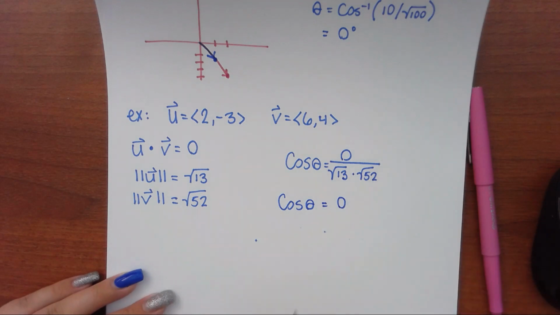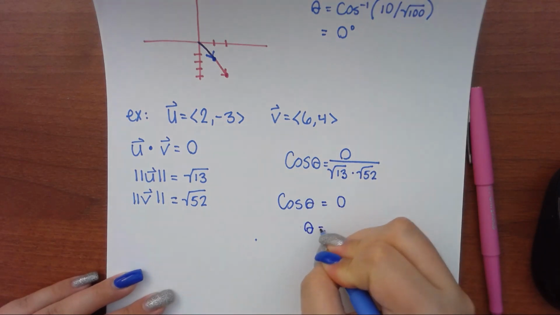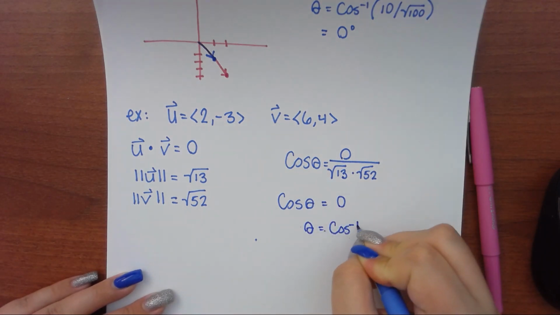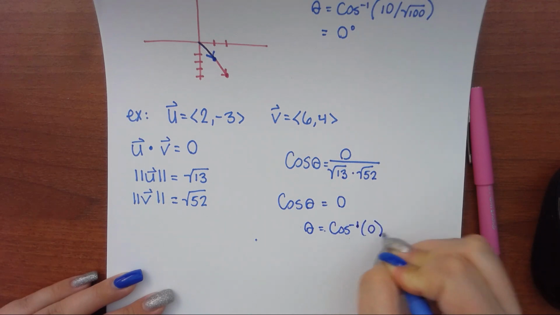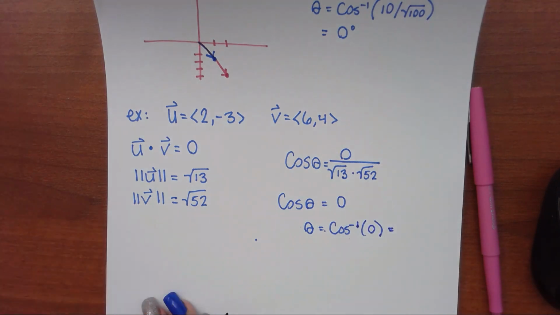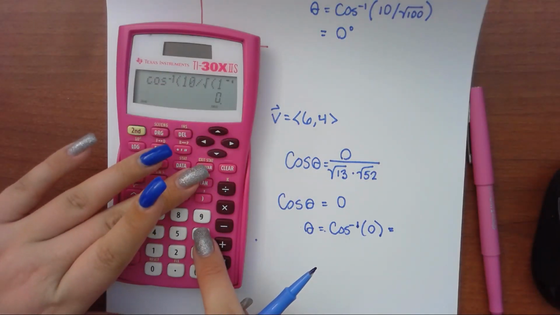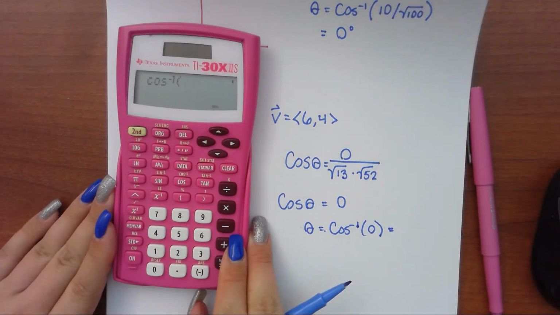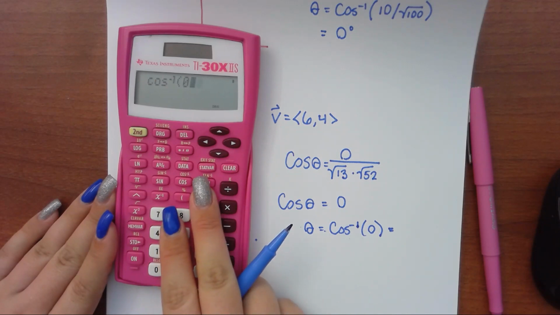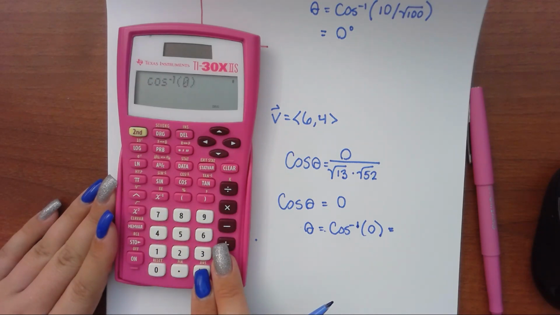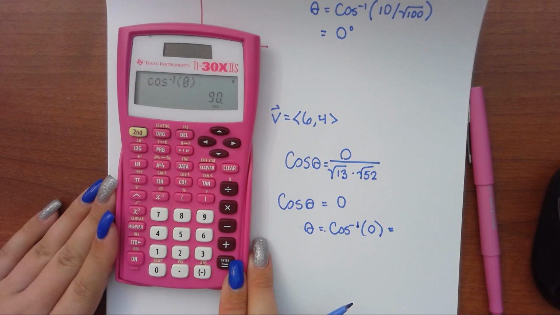Now when we take this in our calculator, I get cosine inverse of 0. So if you did that in your calculator, second cosine, and we put 0, enter, I have 90.